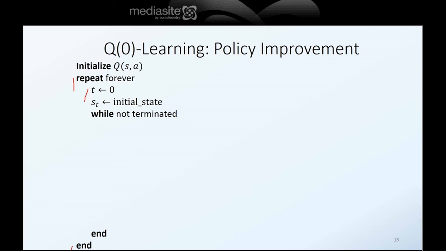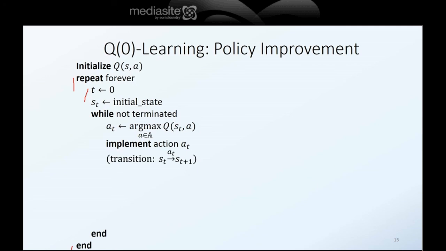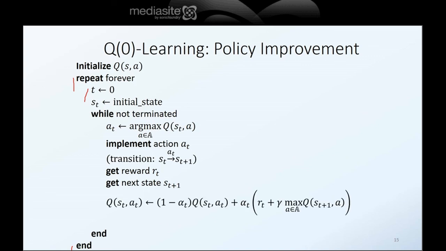So while not terminated, this is when we run each episode, and so we find the greedy action AT, the optimal action, which gives the highest Q, and then we implement that action AT upon the environment, and then the environment transitions from ST based on action AT to state ST plus 1, and we get the reward RT and the next state ST plus 1 from the environment, and then the update rule.